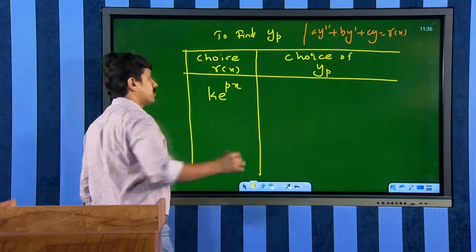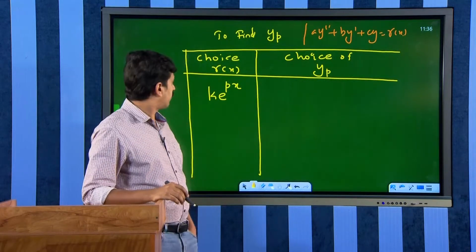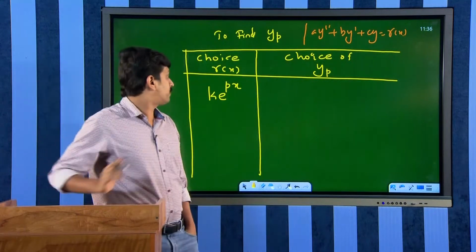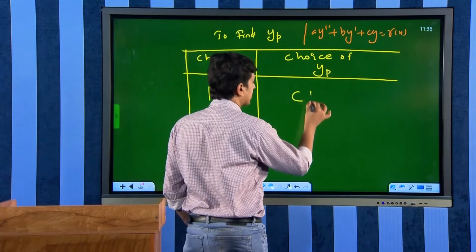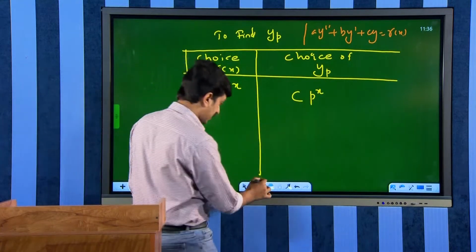If r of x is k e raised to px, then definitely yp is C e raised to px.